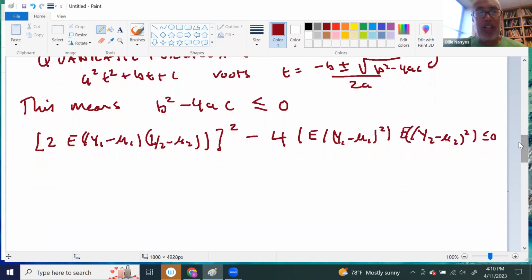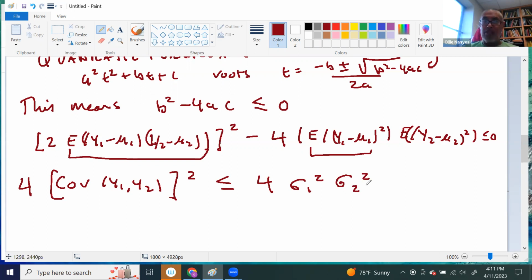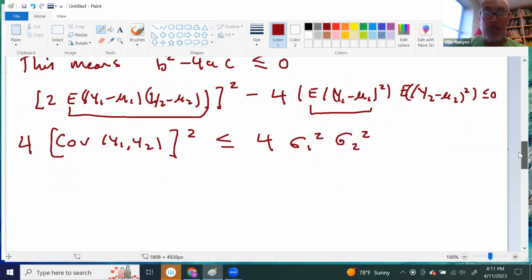So now we're almost done, because this part is a square. You just move this to the other side. You square this, so you have 4 times the covariance squared, which is less than or equal to 4 times this part right here, which is just the variance of y1, times this, which is just the variance of y2. So that must be true.